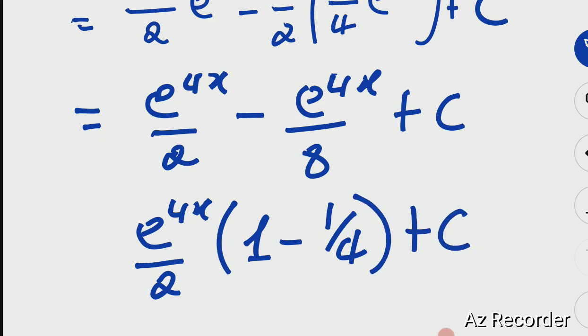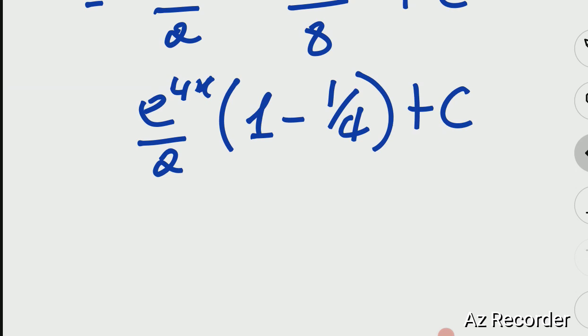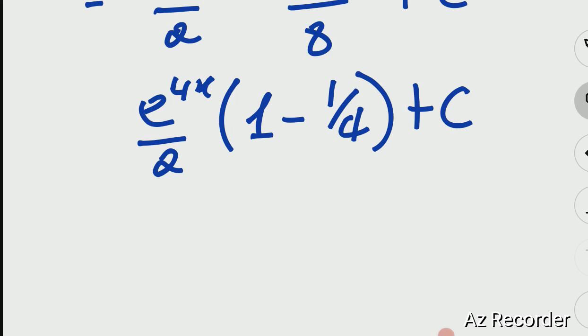If you open the bracket and multiply, you see what we had above, and you can further simplify this. 1 minus 1 on 4, that's 4 minus 1, that's 3/4, so we have 3 on 4, times e to the 4x on 2.